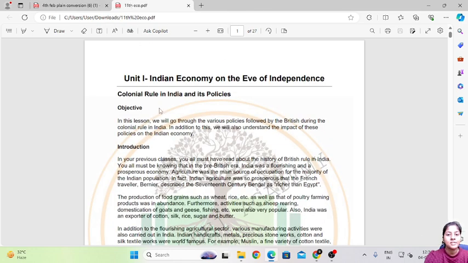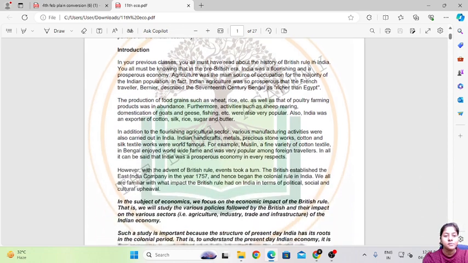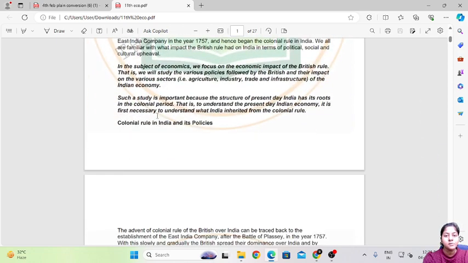So today we'll start from Indian economy on the eve of independence. This is the first part of economics. Here we'll be learning about colonial rule in India and its policies. Here basically we have focused on the economic impact of the British rule.